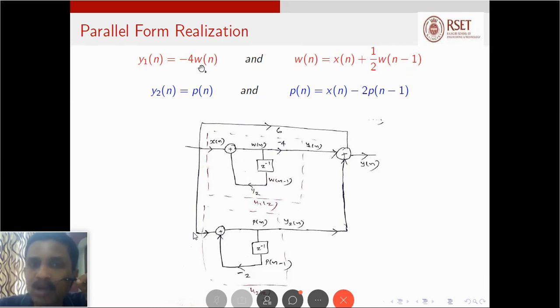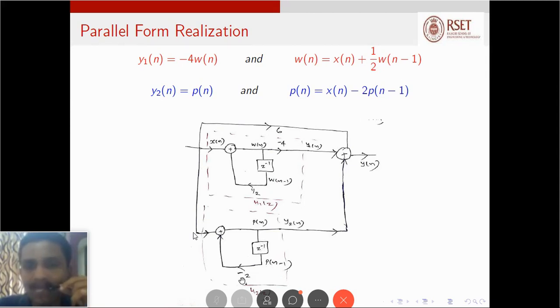y1 of n is equal to minus 4 w of n. Similarly, w of n is equal to x of n plus 1 by 2 w of n minus 1. The second equation: y2 of n is equal to p of n, and p of n is equal to x of n minus 2p of n minus 1. If you introduce a delay element on p of n, you will get p of n minus 1.